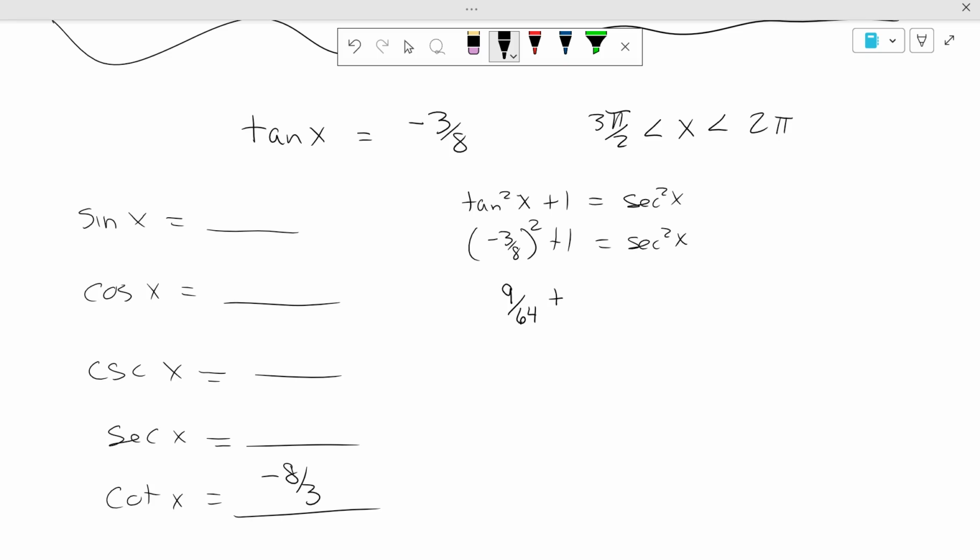The negative has to be on the inside of parentheses. All right. So 1 is the same as 64 over 64. So we get 73 over 64. So then, to find the secant, we just square root it. So it's the square root of 73 over 8.